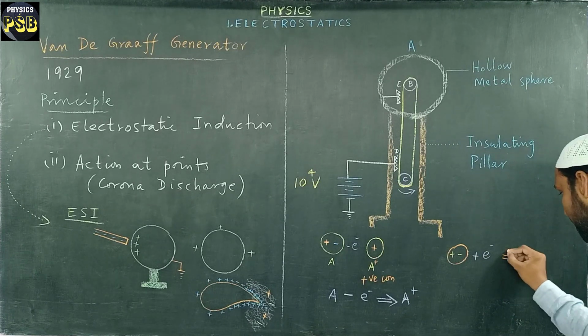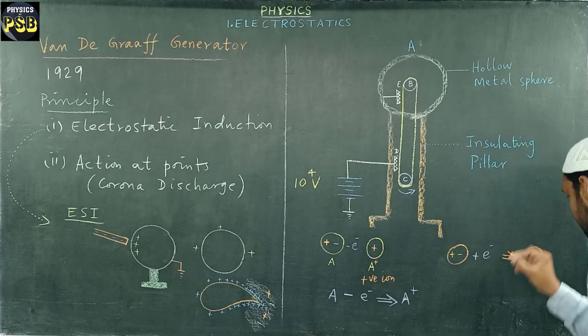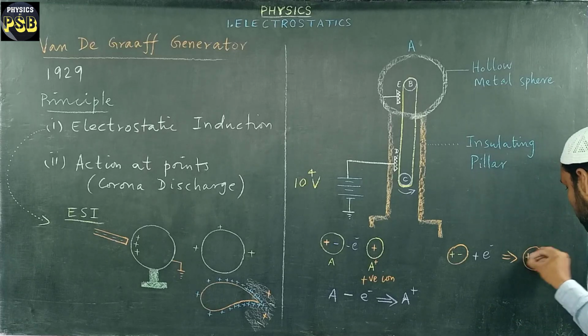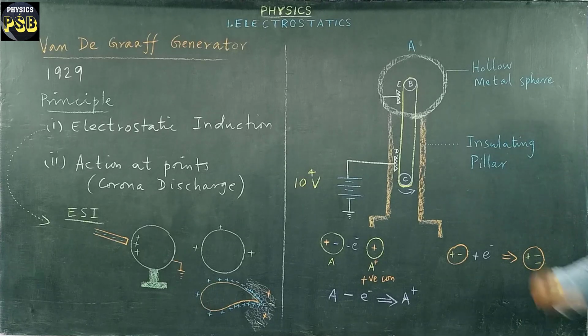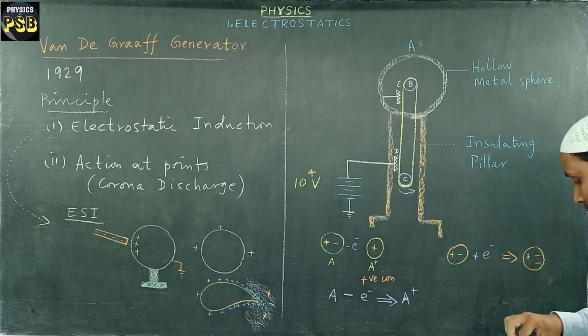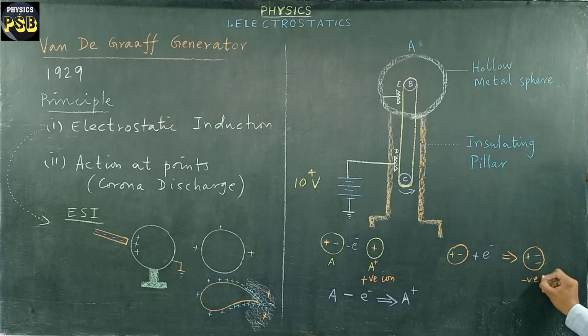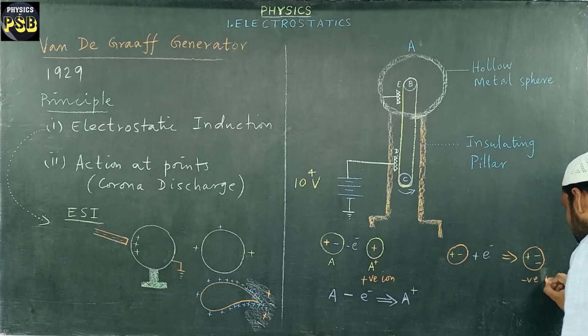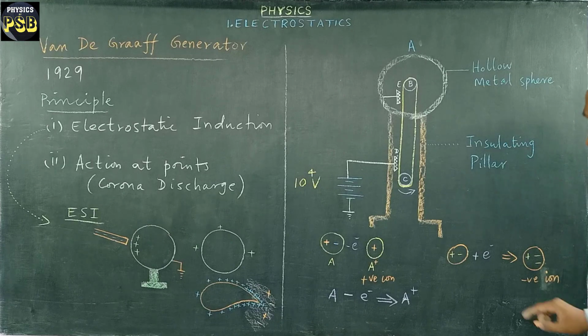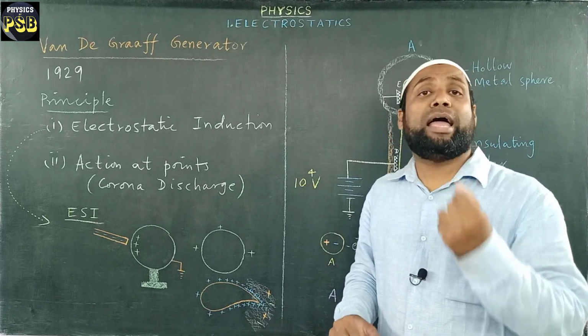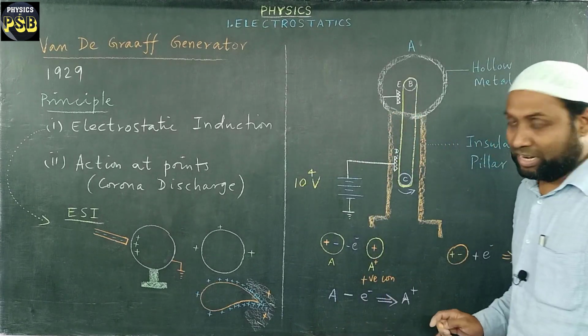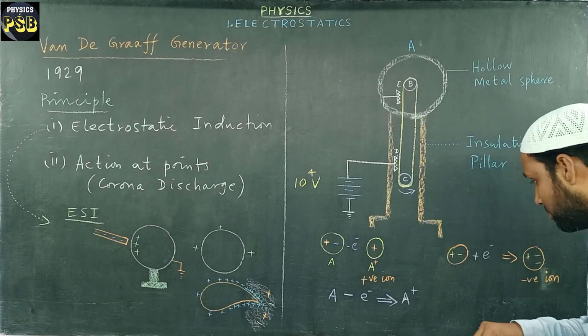So the object will have one positive charge and two negative charges. So here the quantity of negative charge has increased. So this object becomes a negative ion. Negatively charged. We call such a negatively charged object a negative ion. So this phenomenon of converting a neutral object into an ion is known as ionization. So here what we have done?